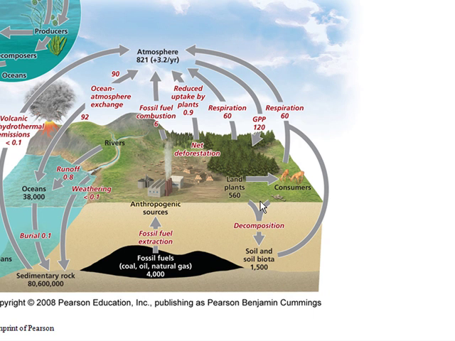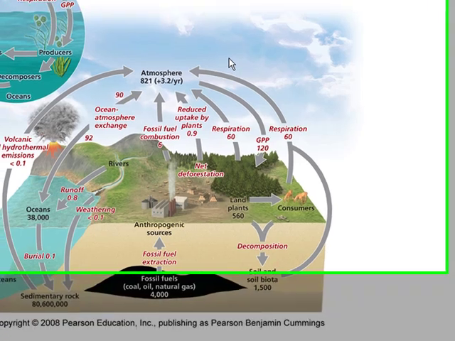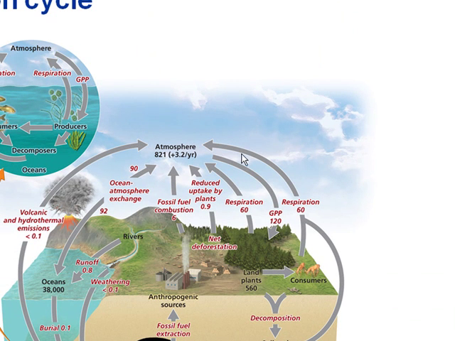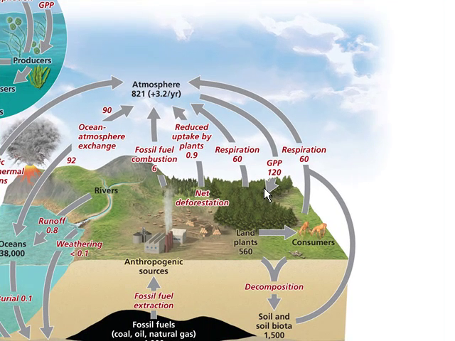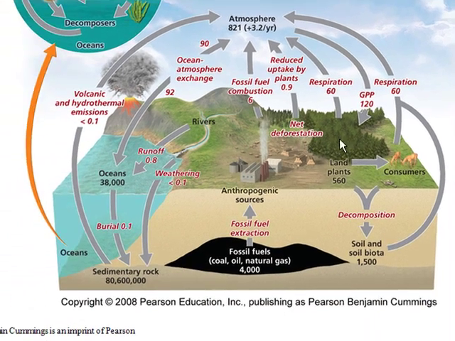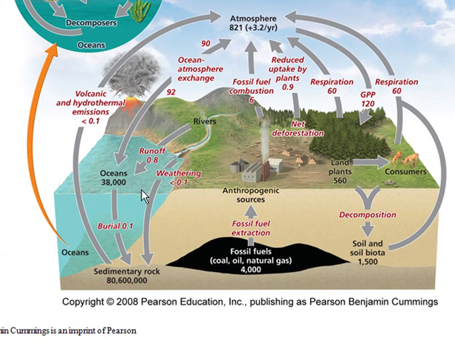Some important processes that we'll look at in the carbon cycle are photosynthesis, right, which is shown here, GPP, gross primary productivity, right? This is the intake of carbon. If you look back at your photosynthesis equation, from the atmosphere into plants, okay, whether they're algae in the ocean, or land plants.